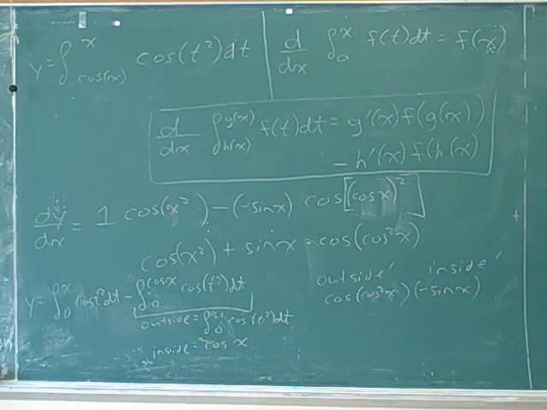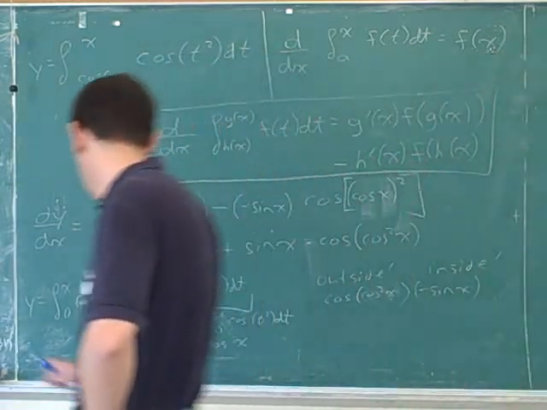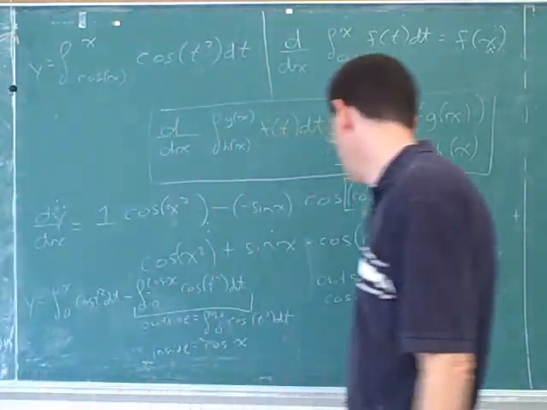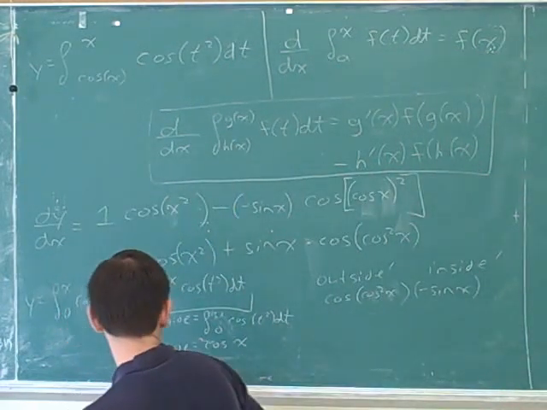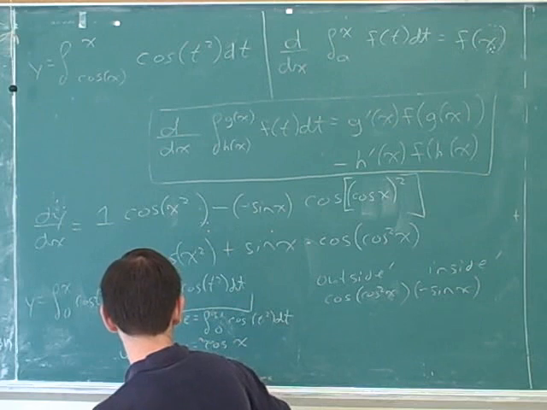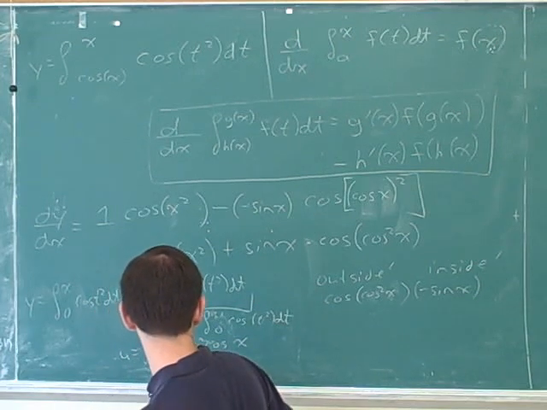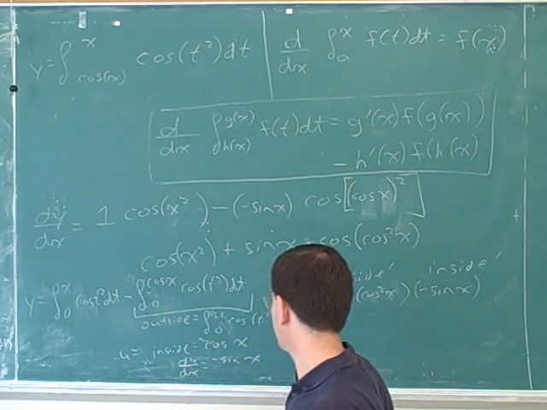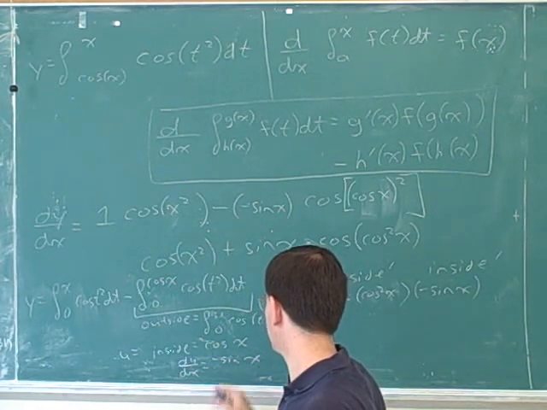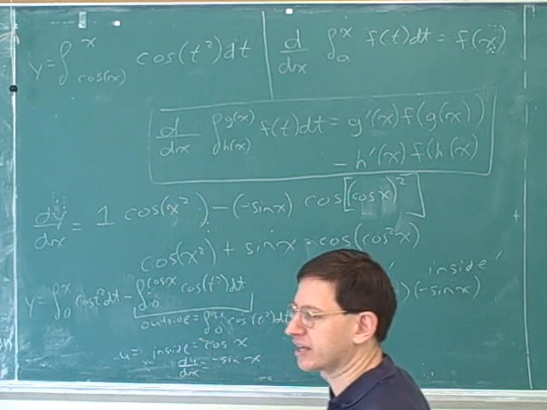If you say that u is equal to cosine x, then du is equal to negative sine x? Is that how you would write it? So u is cosine of x here, so the derivative of u with respect to x is negative sine x.